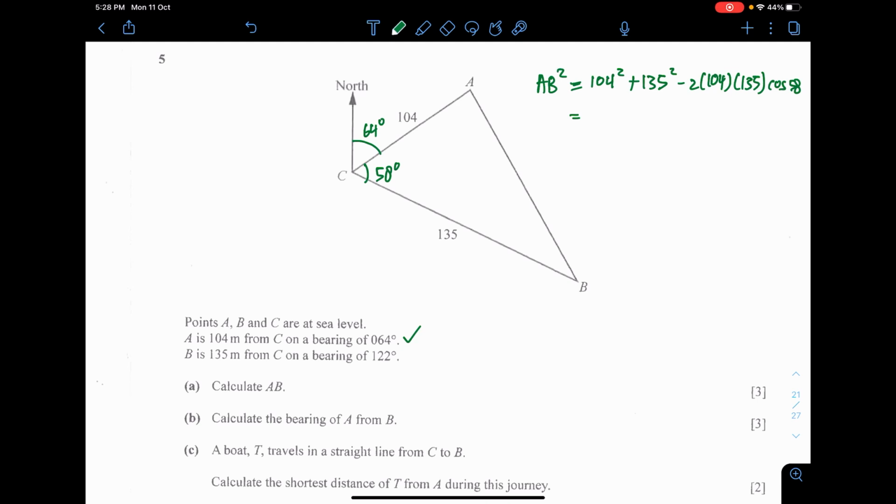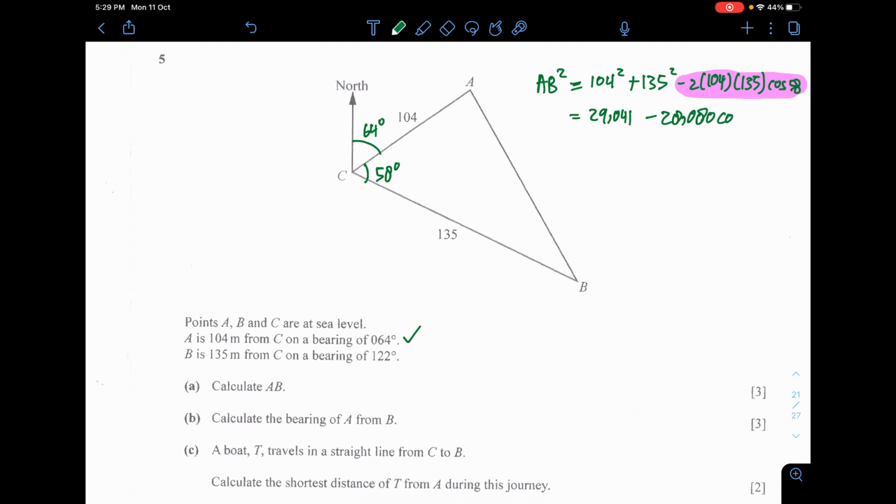The squares, 104 squared plus 135 squared, you do first, and you're going to get 29,041. A common mistake is that people just take this plus this minus this whole thing. That is absolutely wrong. Remember that the last numbers here are multiplied together, and you minus that from the first numbers. Do not plus, minus, and multiply immediately. You must keep them separated. If you do that, you're going to get the wrong answer. So just be careful.